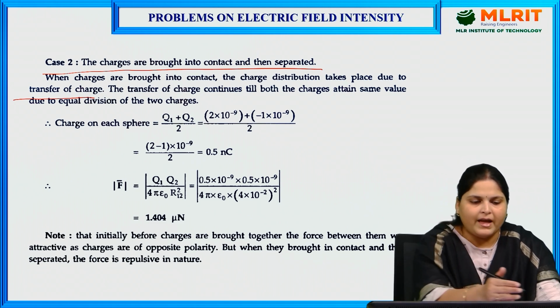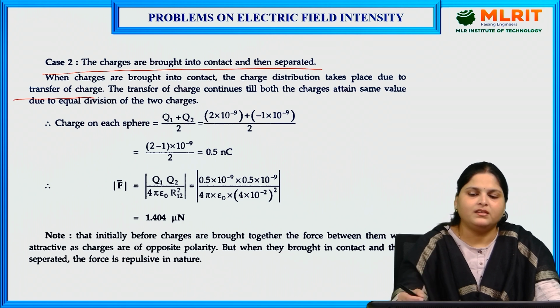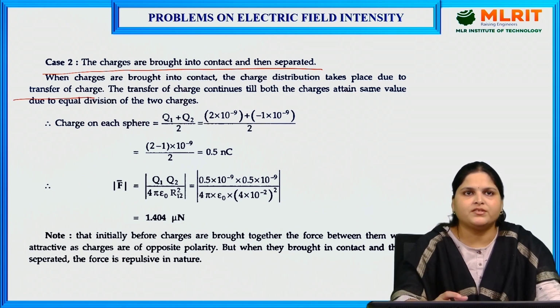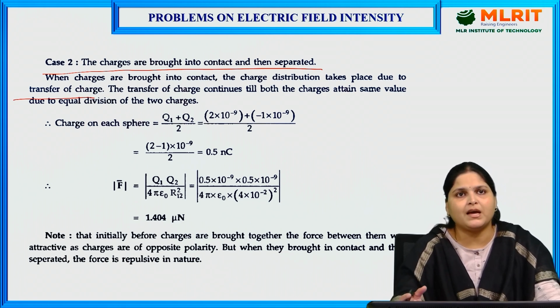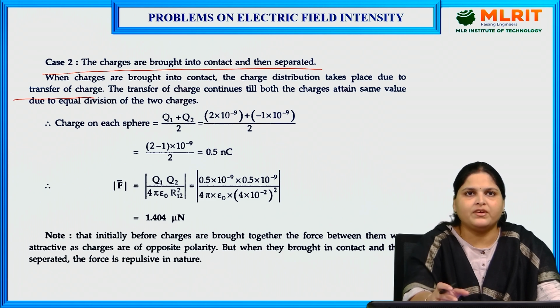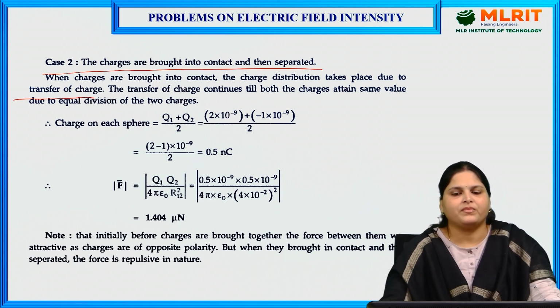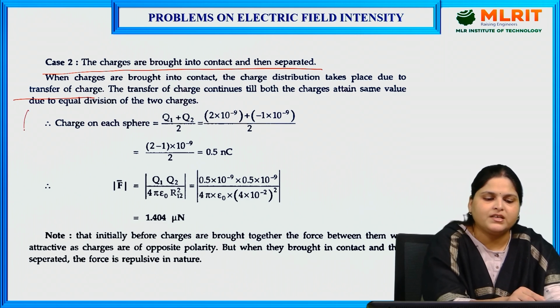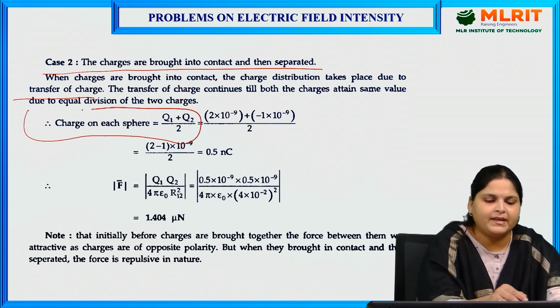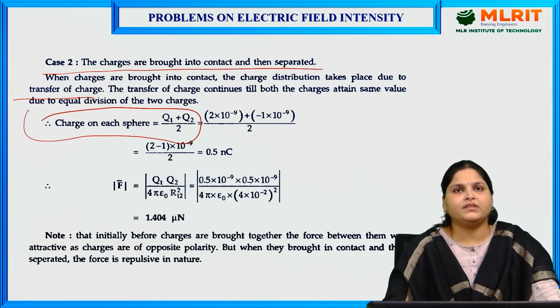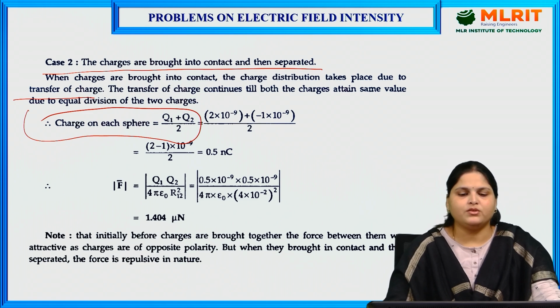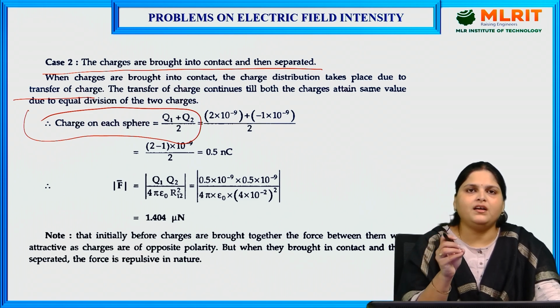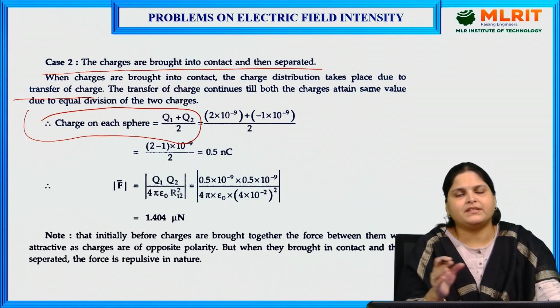So at both the surfaces equal charges are available now. So we can find out charges on each sphere by taking the mean of these two charges, that is, the amount of charge present on both surfaces.